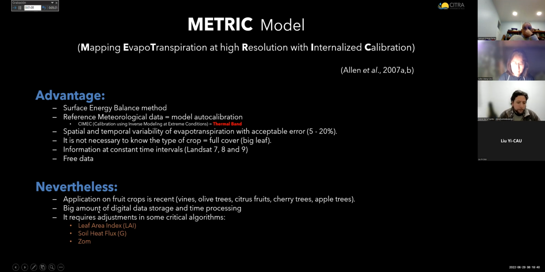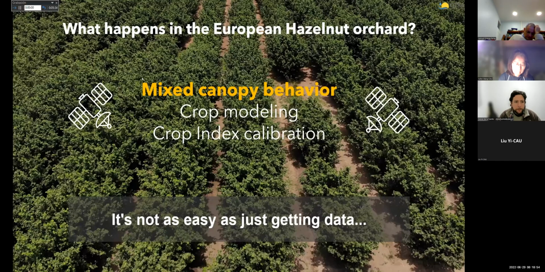We also have some adjustments in some critical algorithms of the METRIC model, such as the leaf area index, soil heat flux, or the roughness length.